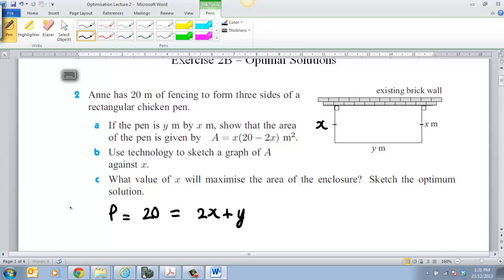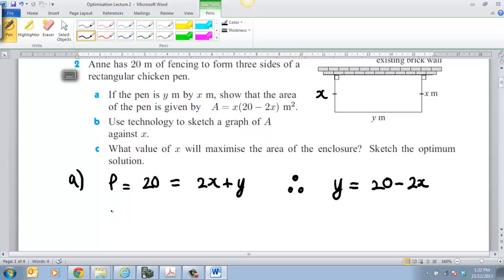Alright, so we always use something that's given to us to find one of these variables in terms of the other one, and quite often we would say, therefore, if that's the case, y has to be equal to 20 take 2x. Sometimes we even ask you to show that. But if we're looking at the area of this shape, well, we know the area of this shape is simply x times by y.